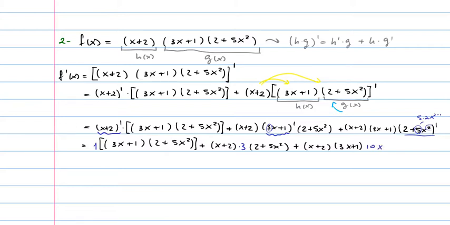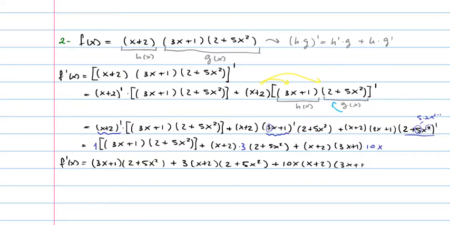So now we just rearrange everything, and we get that f prime of x is going to be 3x plus 1 times 2 plus 5x squared plus 3 times x plus 2 times 2 plus 5x squared plus 10x times x plus 2 times 3x plus 1, and that is just our derivative.